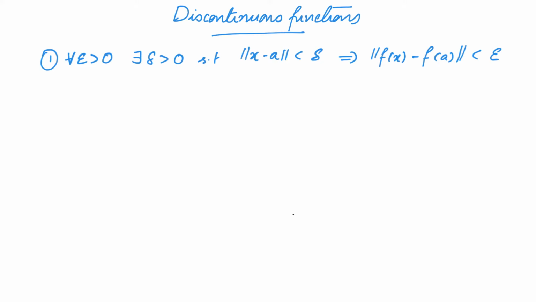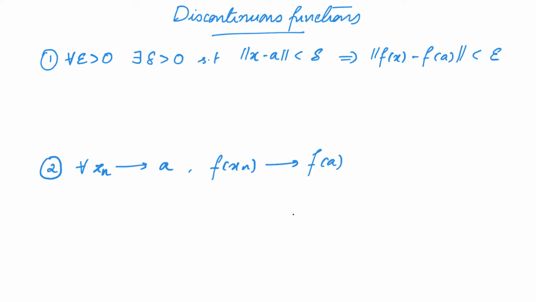If this condition is satisfied, then f is continuous at A. This is one of the definitions, the epsilon delta definition. The other definition, called the sequential criterion, states that given any sequence xn that converges to A, f of xn also converges to f of a.